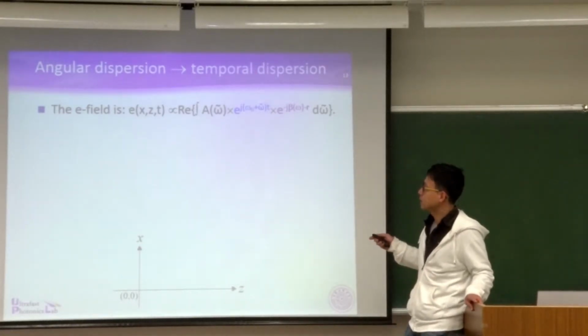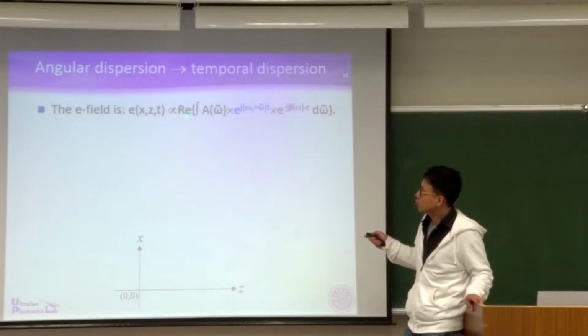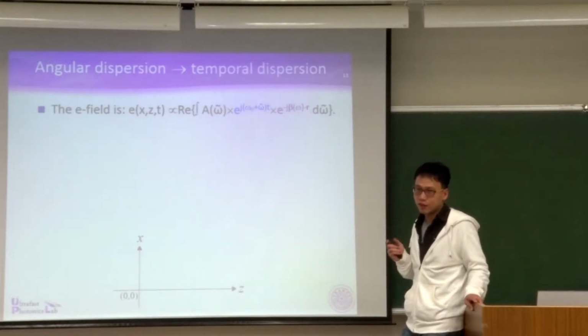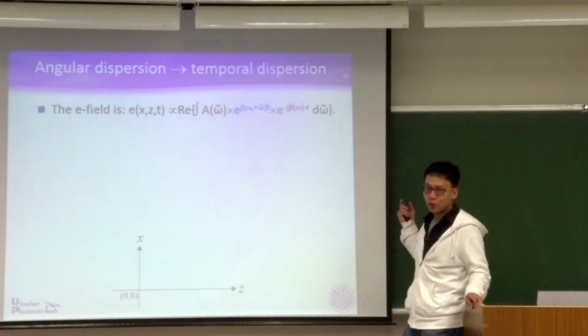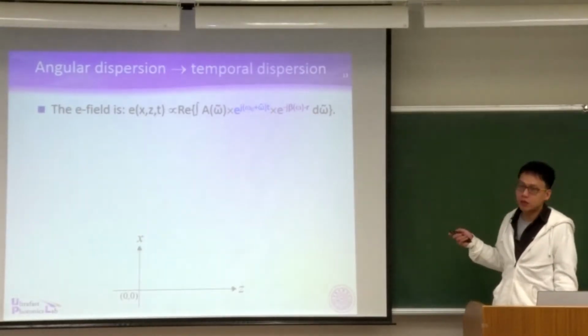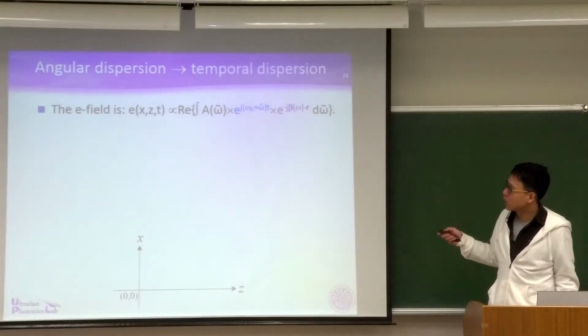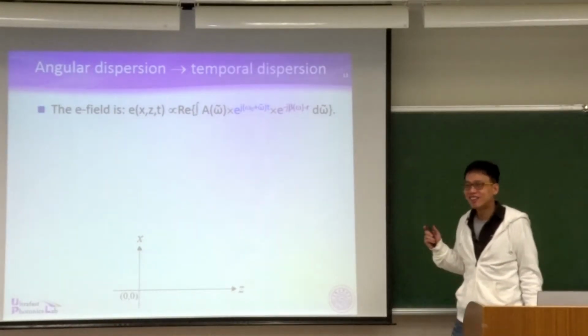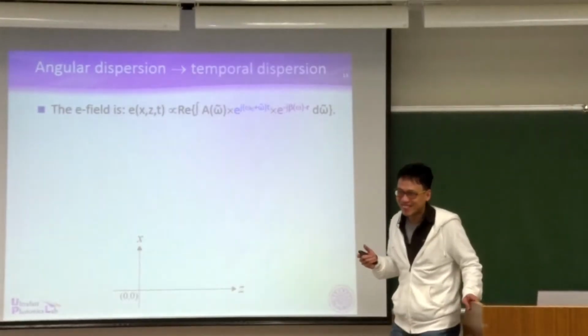Okay, x, z, t. It is proportional to the real part of the integration of this one. Could you justify why is that? Why can the electric field always be written as the real part of this integral?